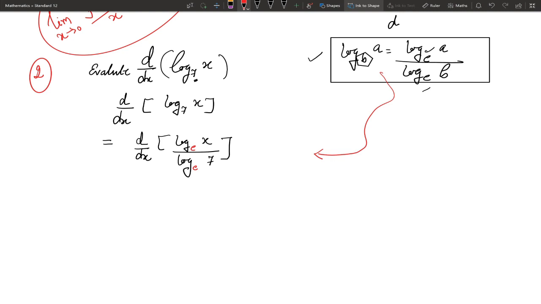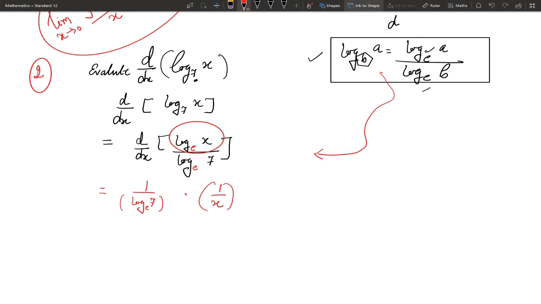Now 1 upon log 7 to the base e is constant, you can take it outside. Now this is log x to the base e, so we can differentiate it as 1 upon x, our standard formula.